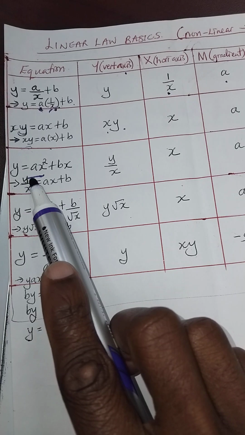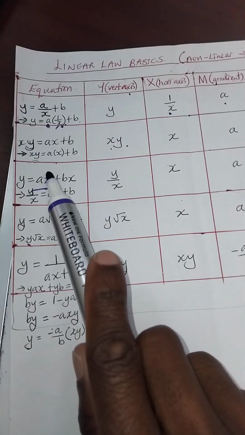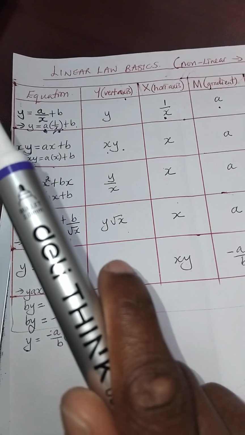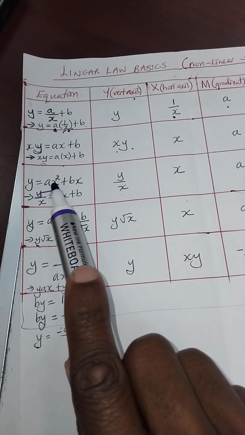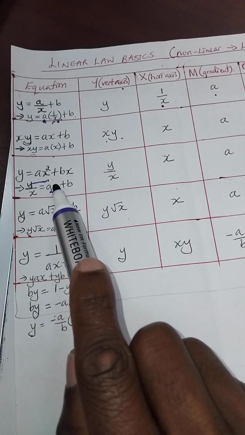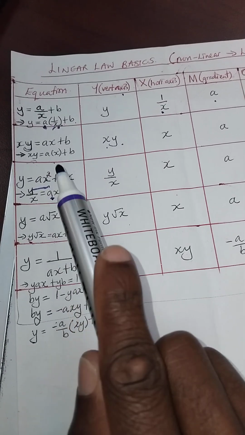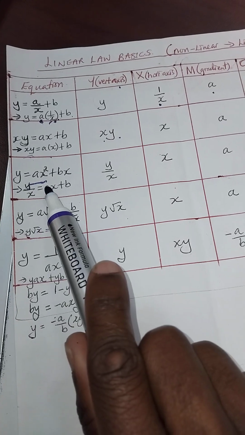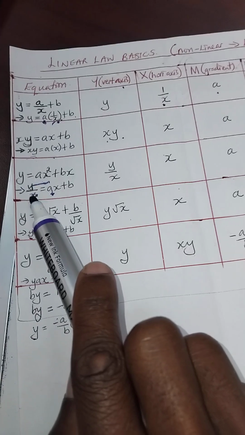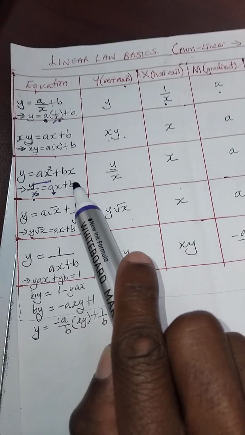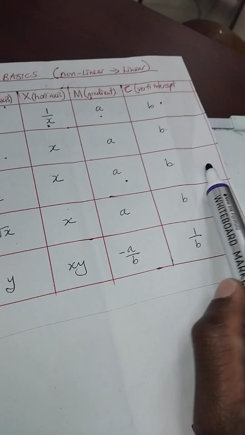We divide both sides by x to remove x squared, so that the gradient term has only x. That is why we divide by x, so y over x is equal to ax plus b. So the gradient is a and the y-intercept is b.